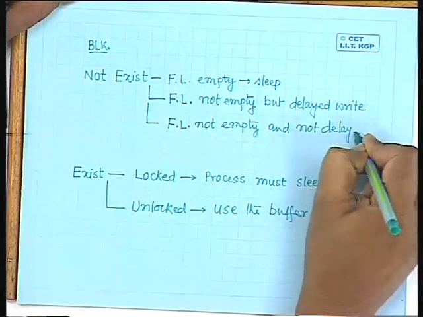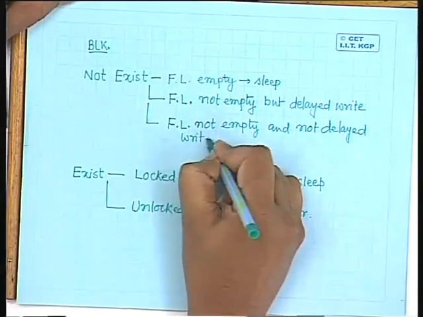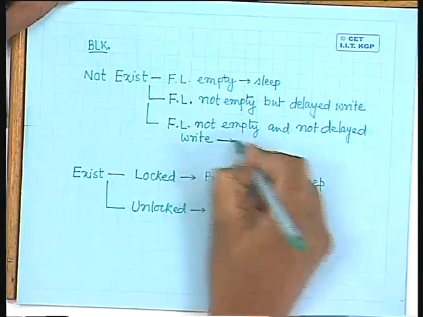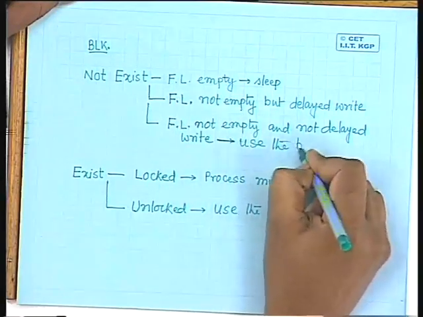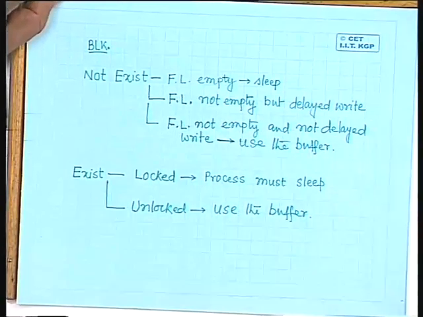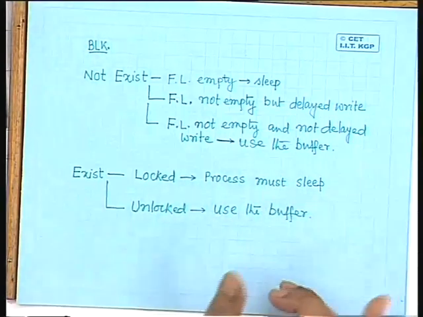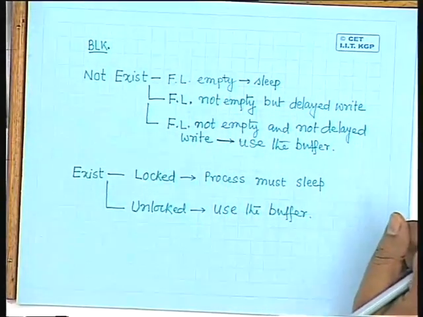And obviously this is the situation that we expect when the buffer can be used by the process to write the new data. So you can simply use the buffer. Okay. And obviously now the new location of the buffer may be different depending upon which block is being read from the secondary storage and put into the data area of the buffer.